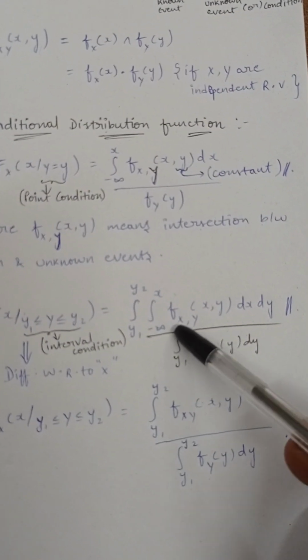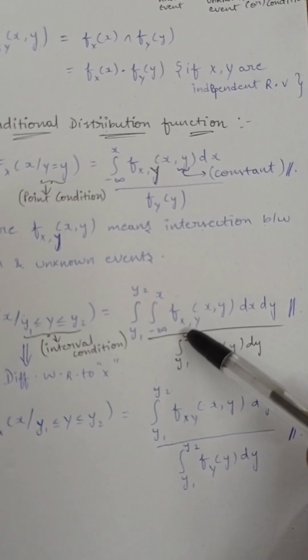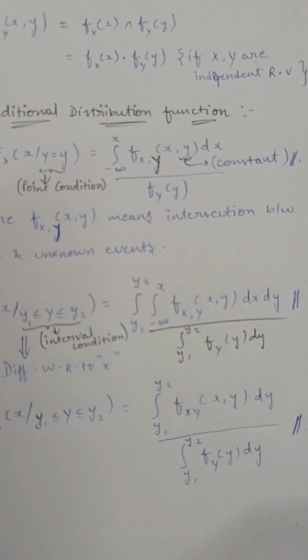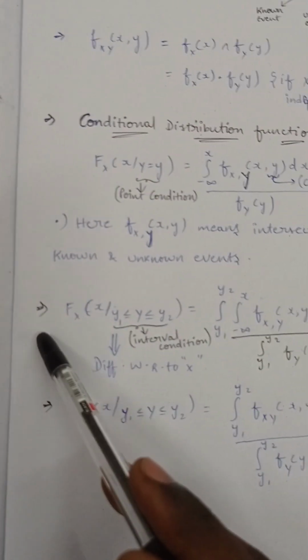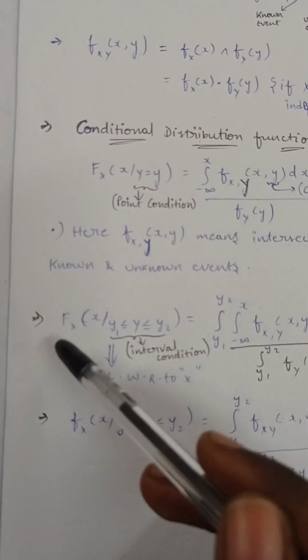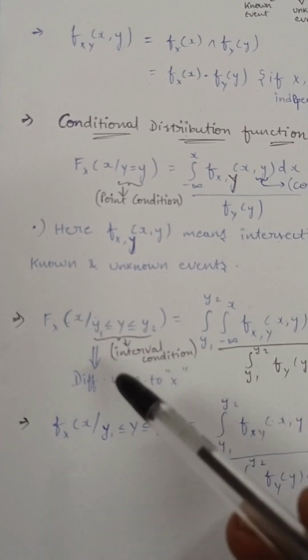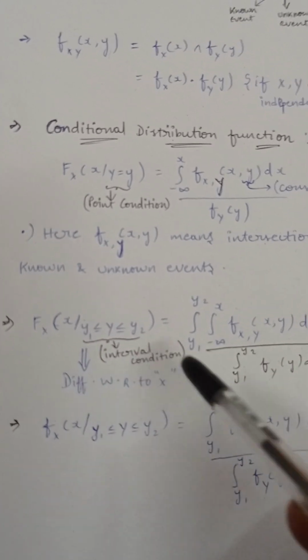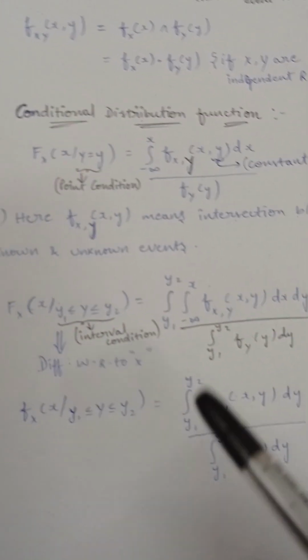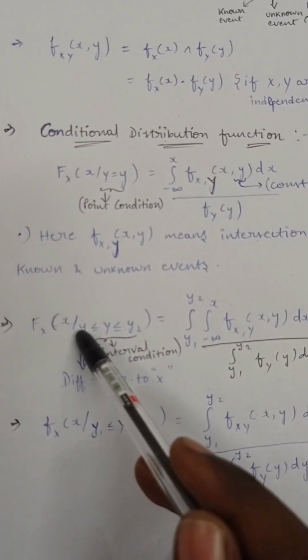Here we are using a range, integrating from y1 to y2. So this is about the distribution function. If we differentiate this distribution function with respect to x, then we will get the density function of this interval condition. Thank you.